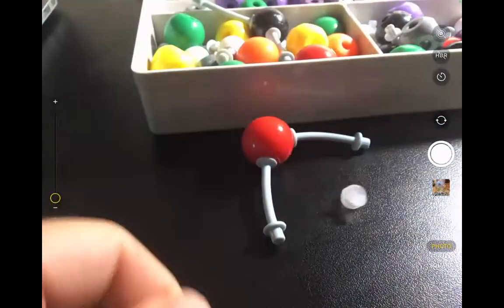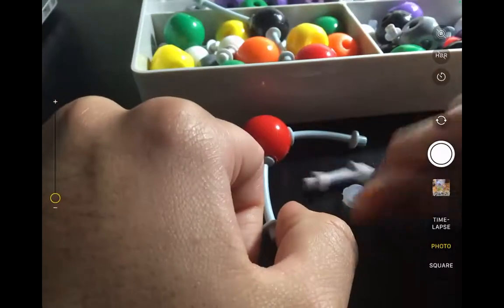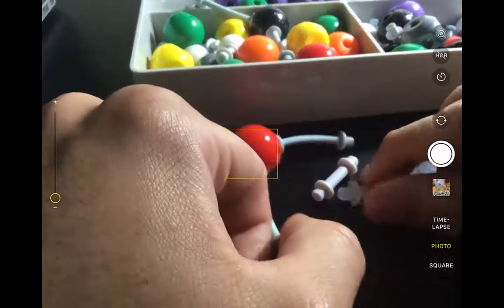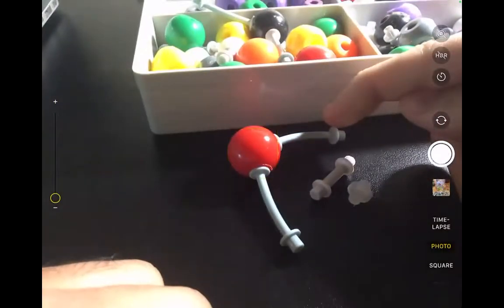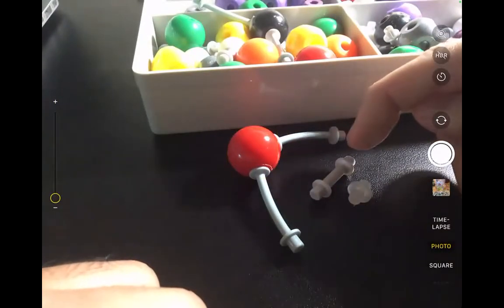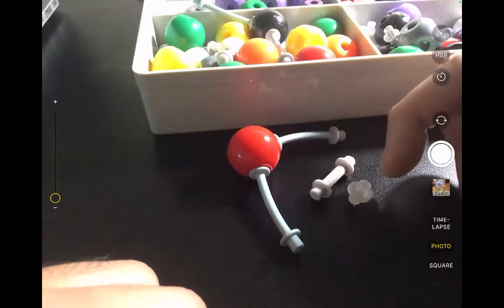I don't know if you guys can see it on the screen here. All right. So these are the 3 bonds that I have for my molecular model, my 3 connectors. Your single bond will always be the longest. Your double bond is second longest, and then your triple bond is the shortest.